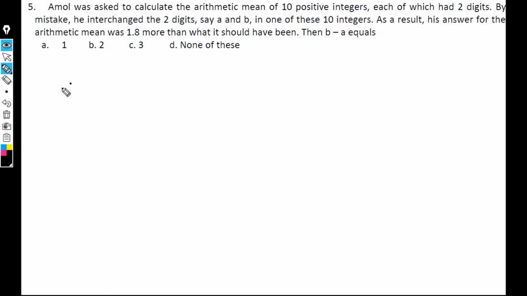Right, Megha. Good. Good job, everyone. All are correct. Good, good, good.